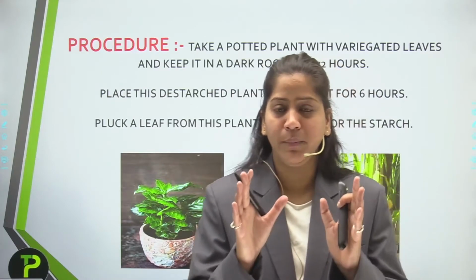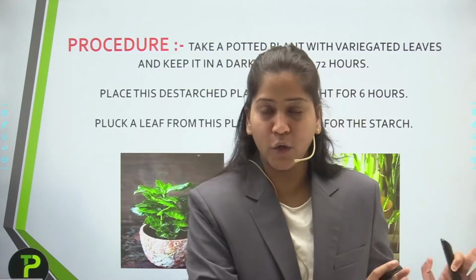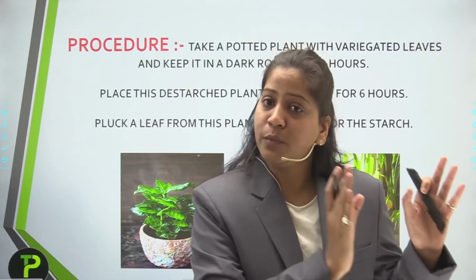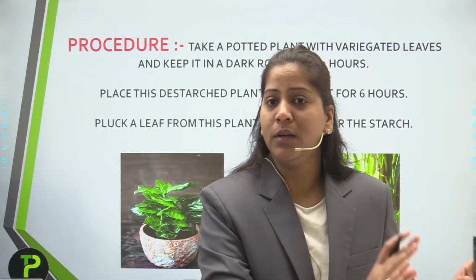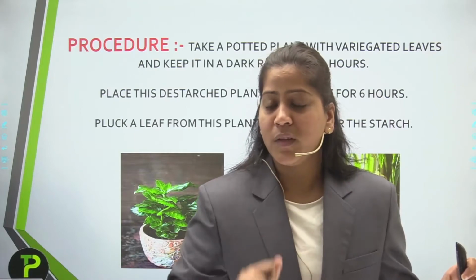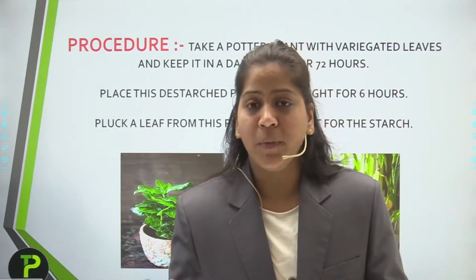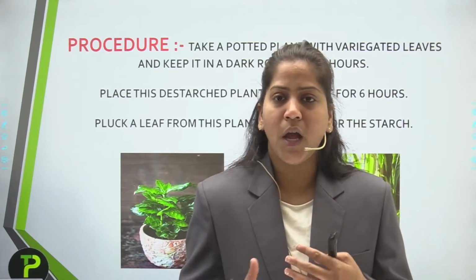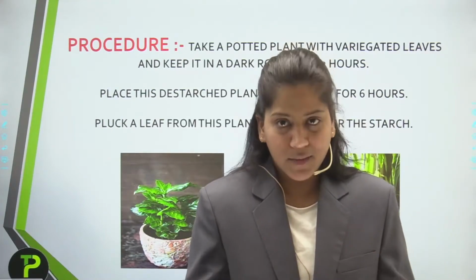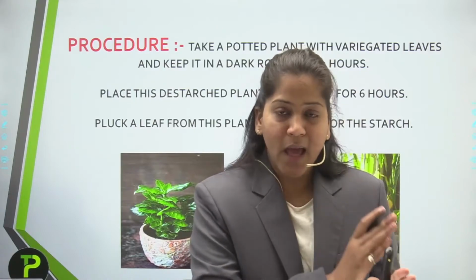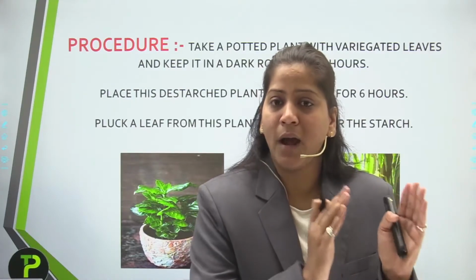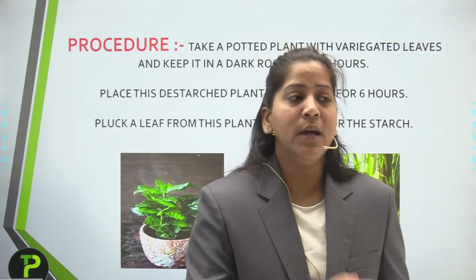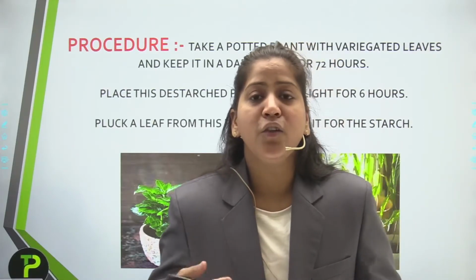Because it is placed in a dark room, it is destarched, meaning the plant does not perform photosynthesis, and if it is not performing photosynthesis, it is not able to make food. And what is the food of plants? It is starch. So there is an absence of starch. A plant without photosynthesis or without food is known as a destarched plant.